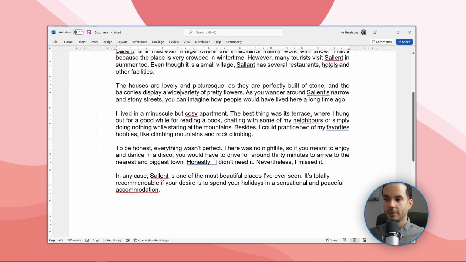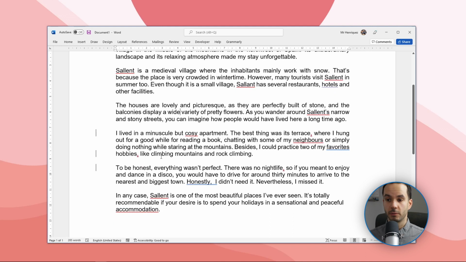This person stayed in Ceylon for quite some time, so she says that she lived in a minuscule but cozy apartment. Okay. The best thing was its terrace, where I hung out for a good while for reading a book, chatting with some of my neighbors, or simply doing nothing while staring at the mountains.